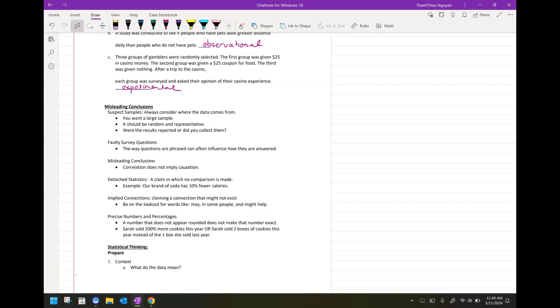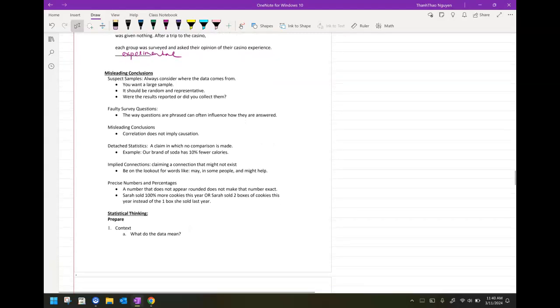You can have an implied connection. For example, be on the lookout for words like "may," "in some people," and "may help." Well, the claim may or may not exist here. Precise numbers and percents: a number that does not appear rounded does not make the number exact.